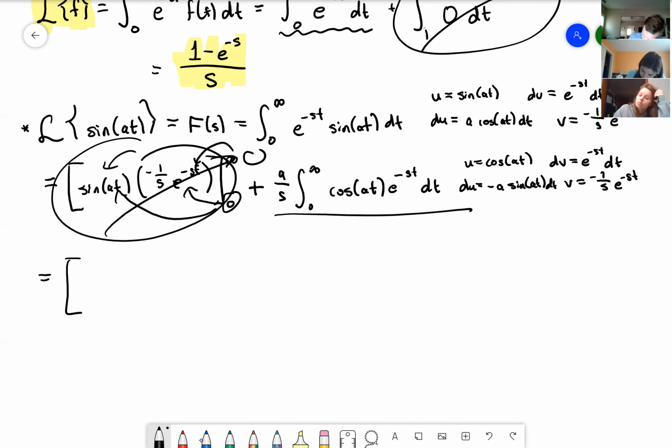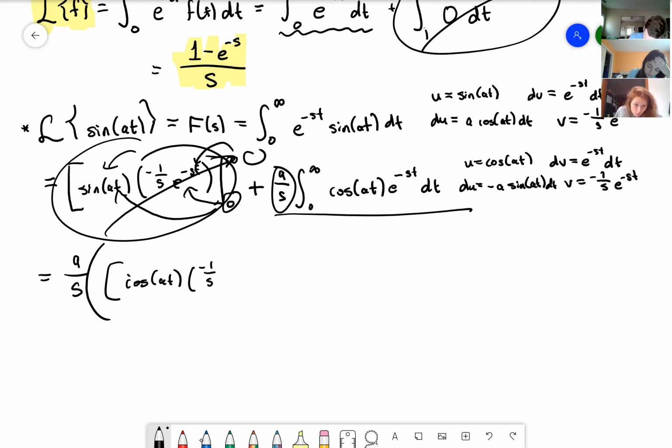So uv is cosine at times negative 1 over s e to the minus st. Sorry, I'm totally forgetting this factor of a over s, so that's a over s multiplied by all of this. Now I write my cosine at times negative 1 over s e to the minus st, evaluated from 0 to infinity, minus the integral of v du.